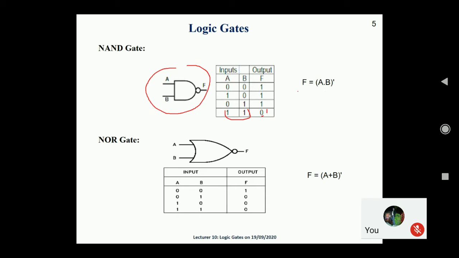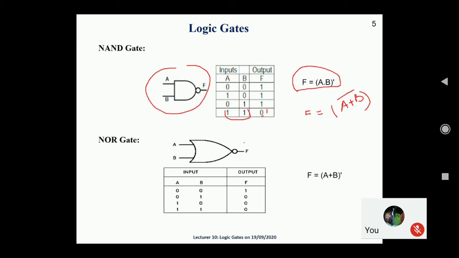And the logical expression of the NAND gate can be written this way also. So this is the logical expression.